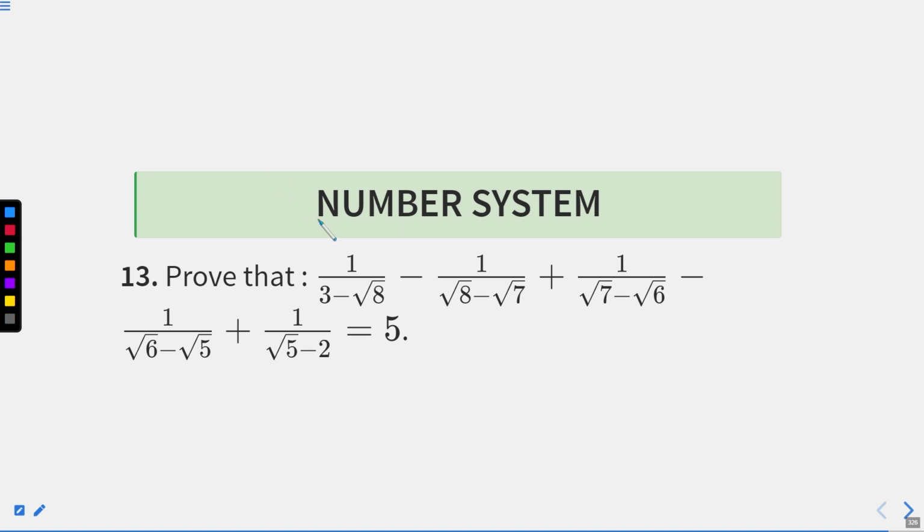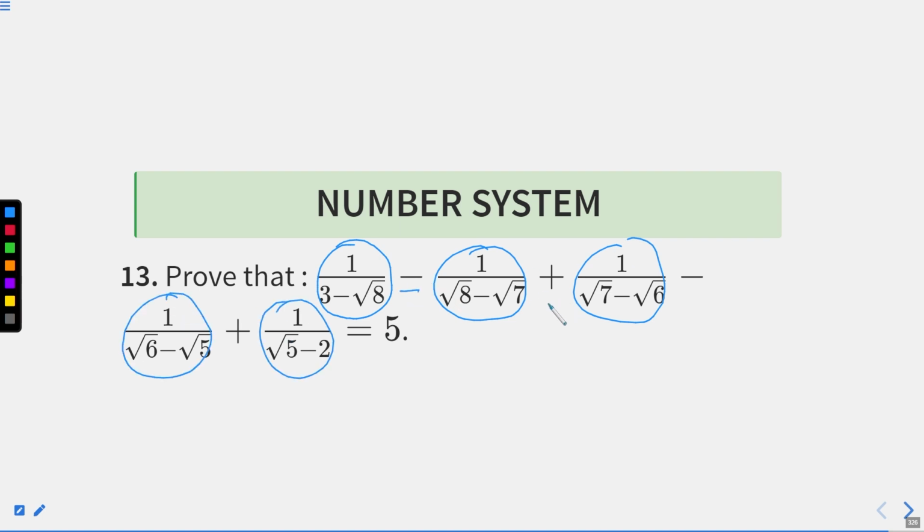I am just rationalizing every one of the terms, and then you just have to operate plus and minus on them. So 1 by this is equal to 9 minus 8. I'm directly using it. You can please do it step by step, otherwise you will lose the logical reason behind it.